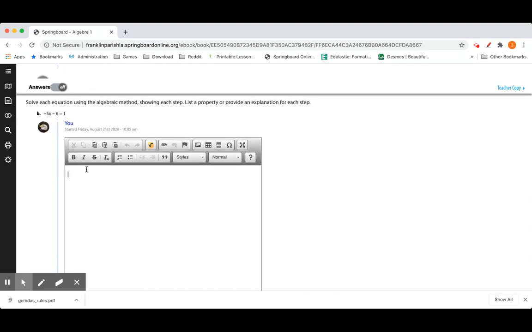Negative 5x minus 6 equals 1. All right, our first step, we want to move that minus 6 to the other side. So we'll do the opposite, and we'll add 6 to both sides.